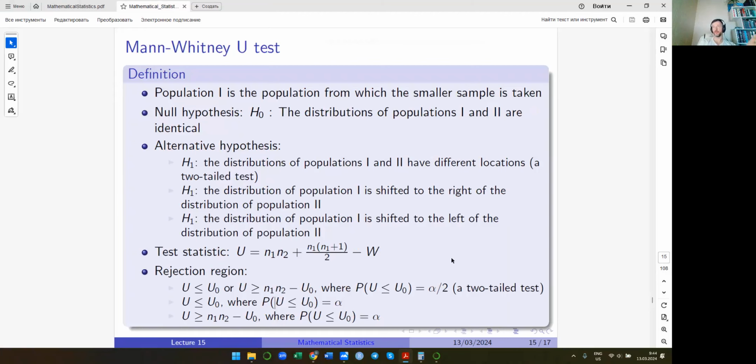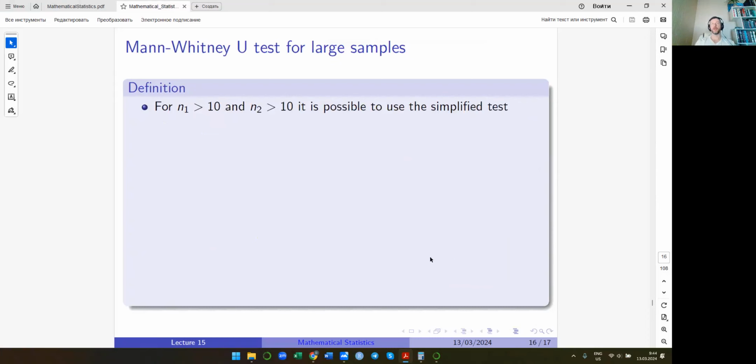As usual, there is a simplification of this test. If we have samples that are larger than 10, so both samples should be larger than 10, we can apply the simplified test. The simplified test has the following idea.